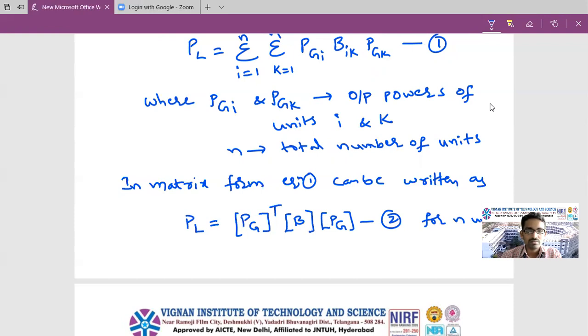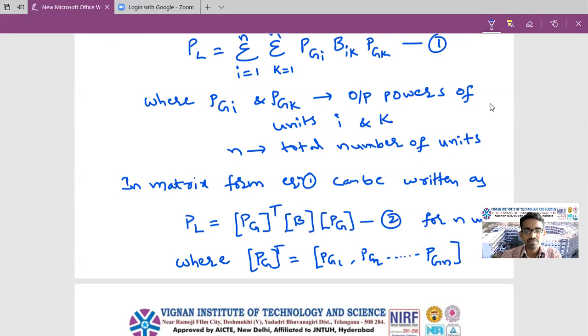Here PG transpose is nothing but PG1, PG2, and so on up to PGn, as these are for n units.